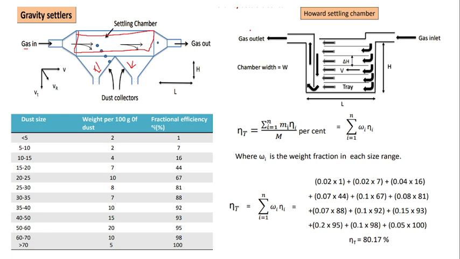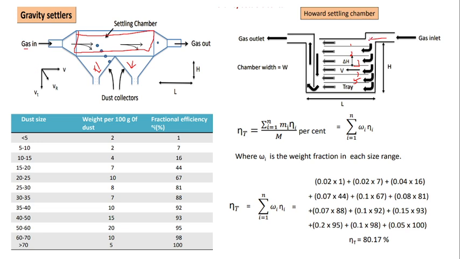So what they have designed is the Howard settling chamber. Here they divide the settling chamber into many trays. You can see here tray 1, 2, 3, 4, 5. Why partition into these trays? Without it, the distance between the bottom of the settling chamber and the gaseous component is very high.